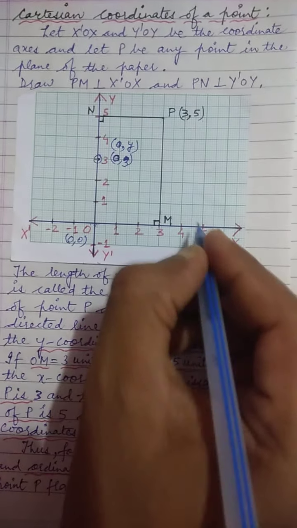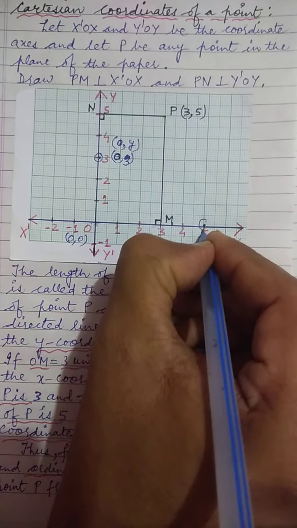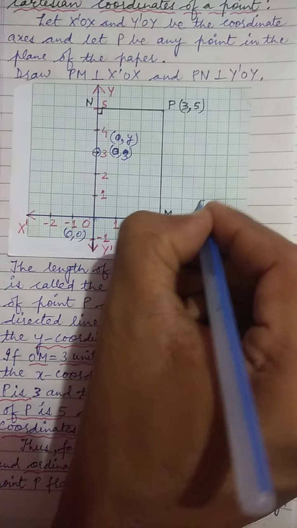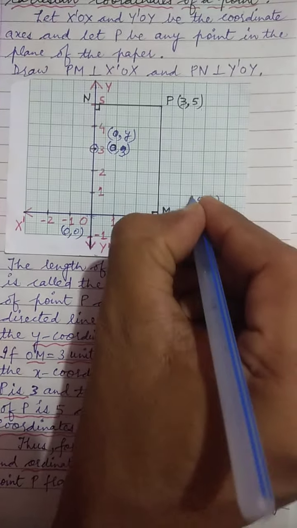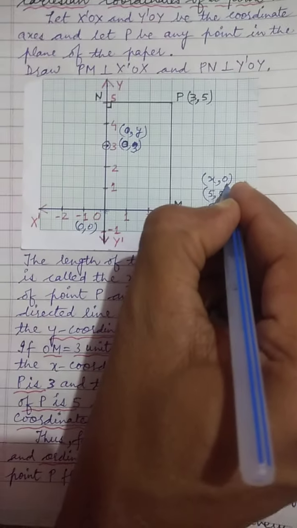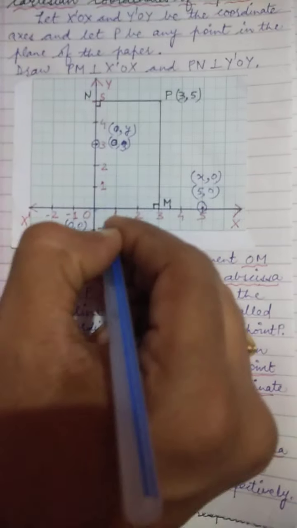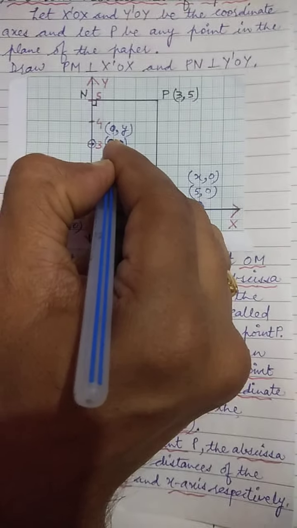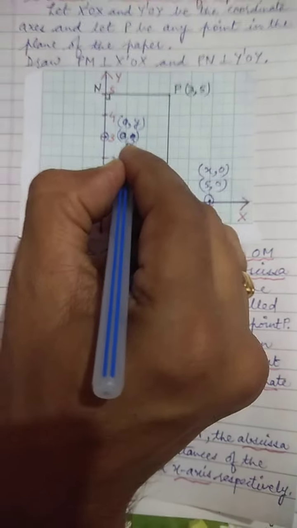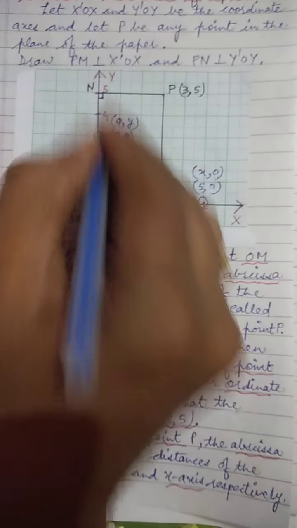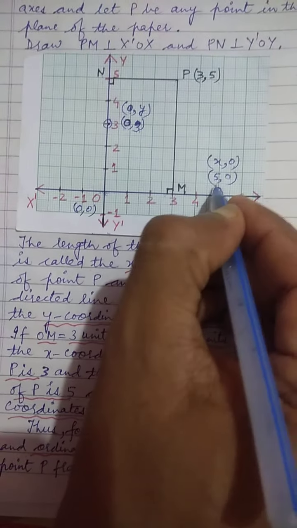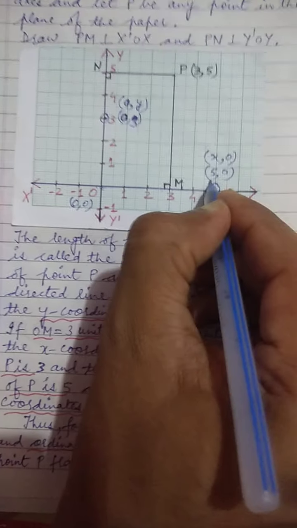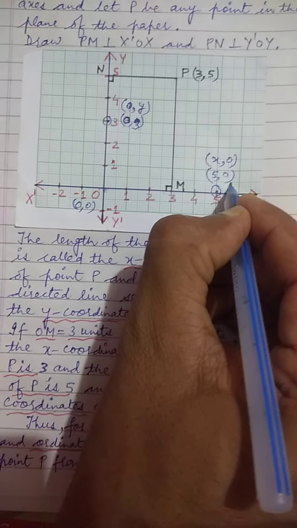And every point on this x-axis will be, suppose this is (5, 0), or you can say (x, 0). So on the x-axis, the y coordinate is 0. On the y-axis, the x coordinate is 0. I have taken an example (0, 3) here on the y-axis, and on the x-axis I have taken an example (5, 0).